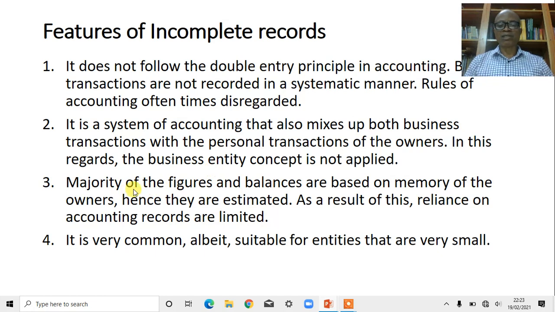Number three, the majority of the figures and balances are based on the memory of the owners, hence they are estimated. As a result, reliance on accounting records is quite limited. And number four, this type of system is very common and suitable for entities that are very small.